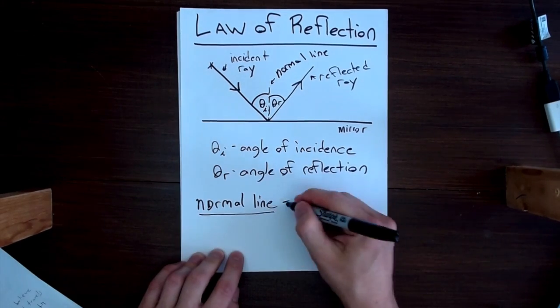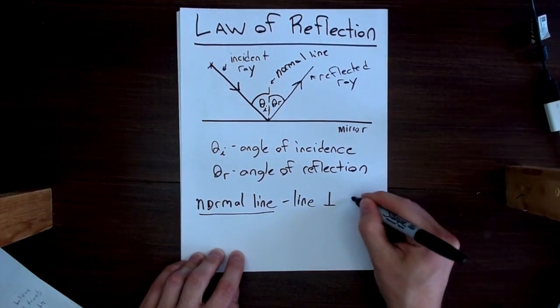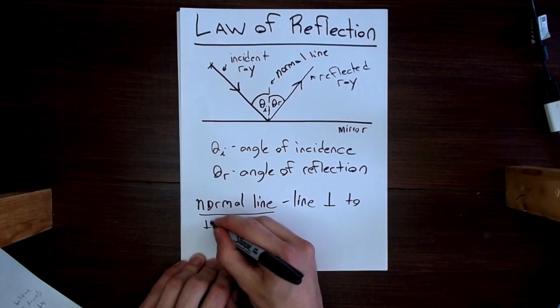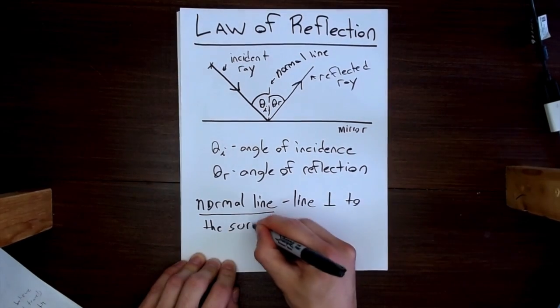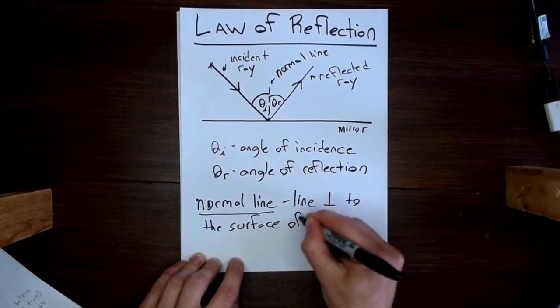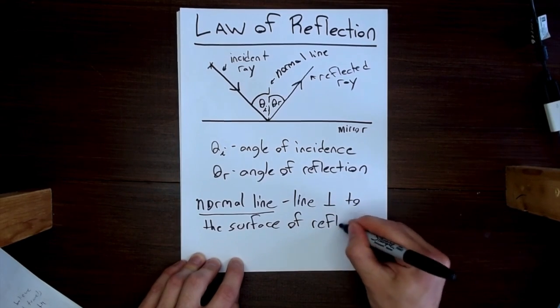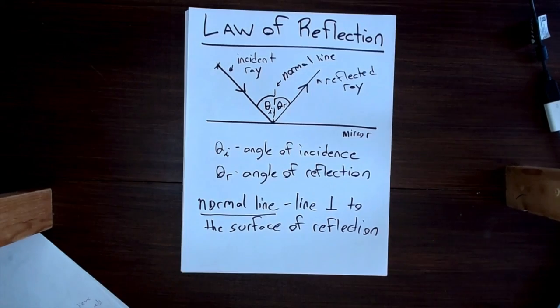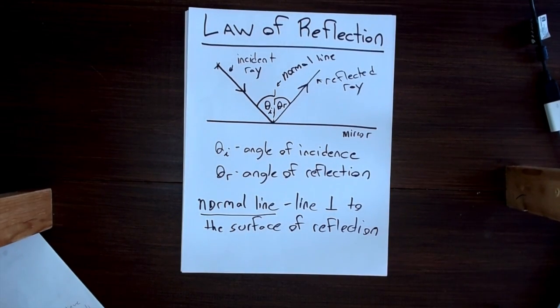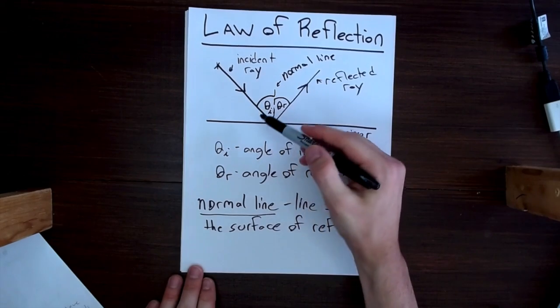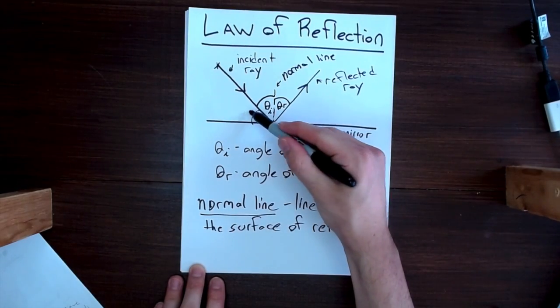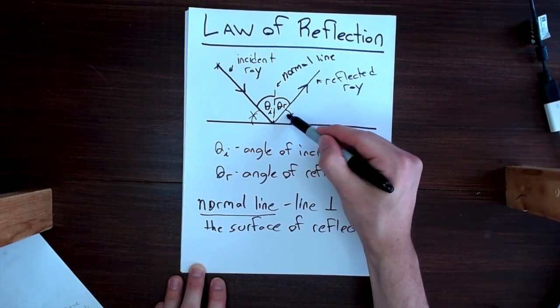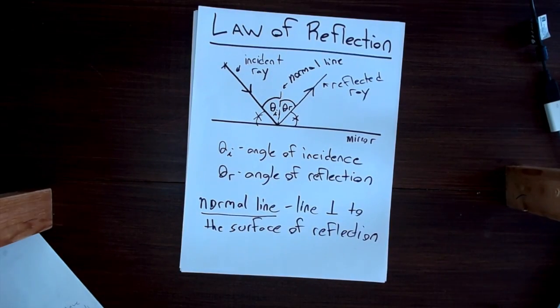Okay, so it is a line perpendicular to the surface of reflection. Right? We always measure with respect to the normal line. We do not measure with respect to the surface, okay? And the reason for that will become a little bit clearer in a moment.